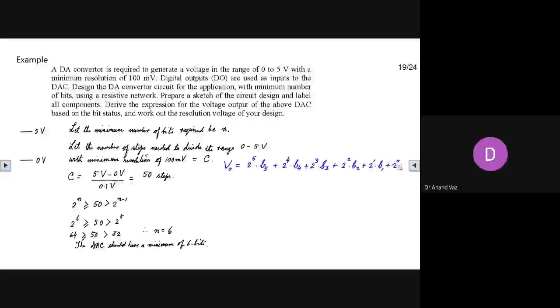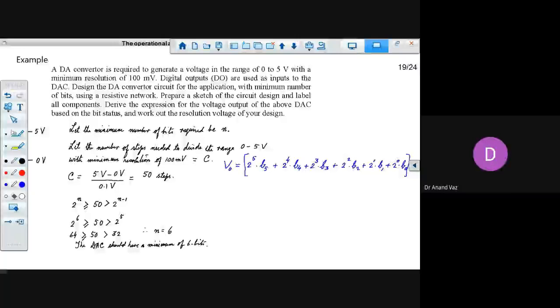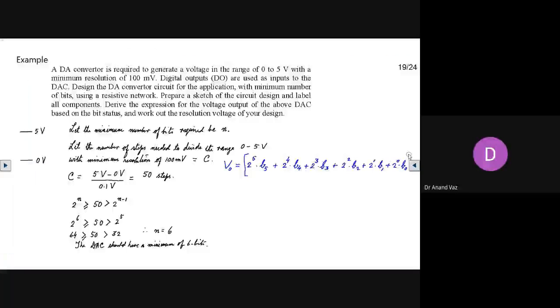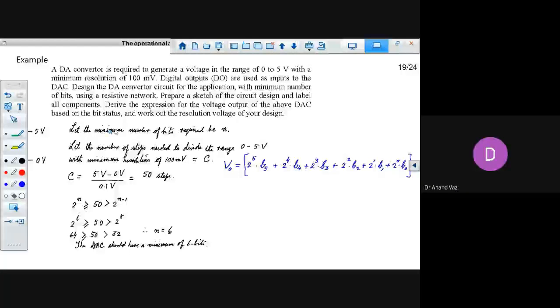I am writing it as 2 raised to 0, although you know what it is. It's just this entire thing here. We'll have to reduce it slightly.